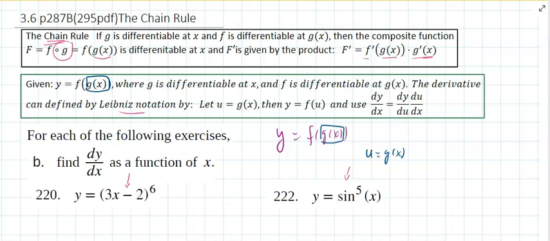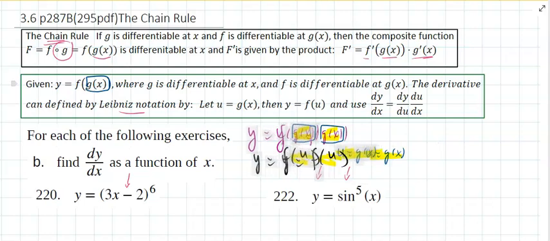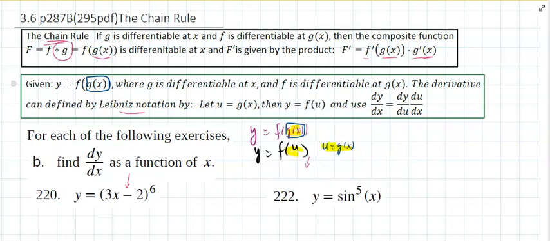If you take this and you let it be u, that means your y now is a function of u. And then he said, well, look, if you take a derivative of y with respect to u, well, guess what?